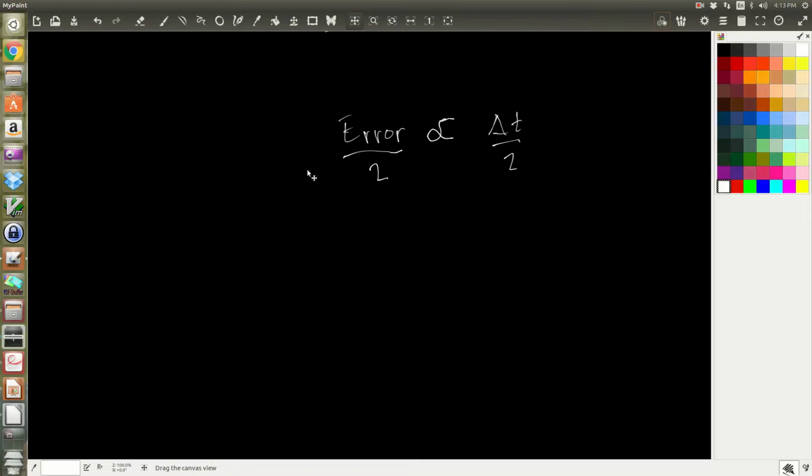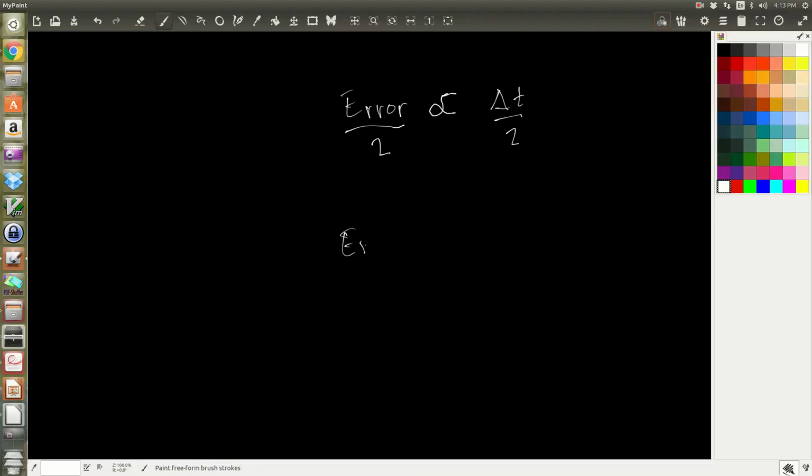Now, what would happen if the error was proportional to delta t squared? What would happen now if I cut delta t in half?